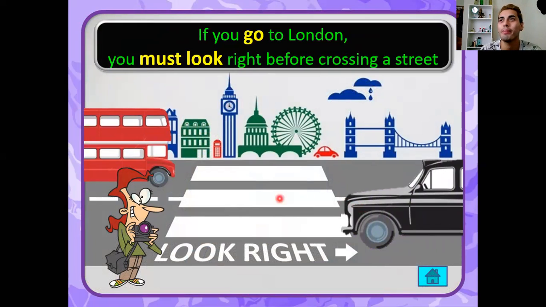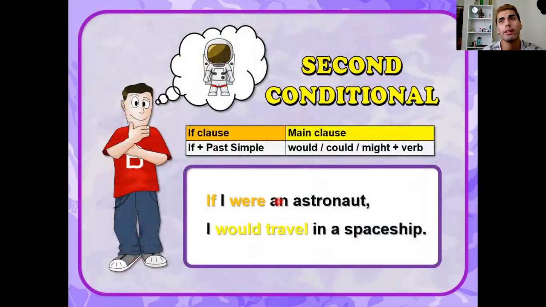Zero conditional, remember. Then we have second conditional. The second conditional is very interesting. It's a bit more complicated, just a little bit more complicated. Second conditional, it's about a situation in present which is not true. You're talking about a hypothetical scenario in which your present would be different.